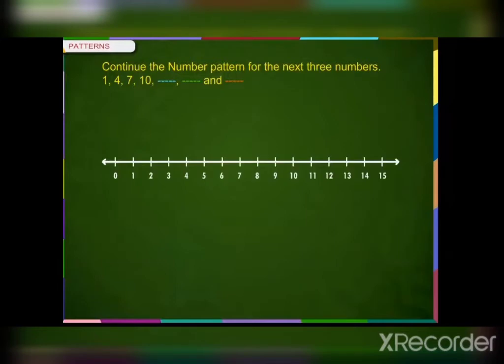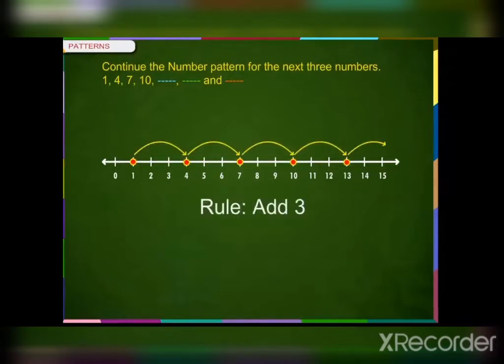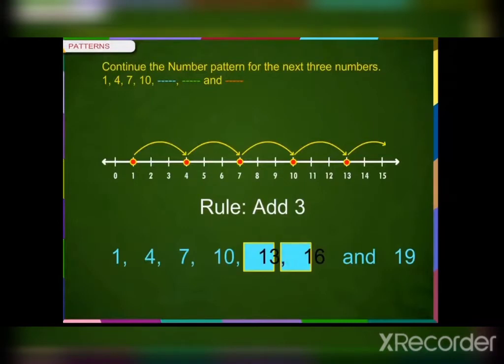Solution. Let us place the numbers on the number line and we can say that numbers start at 1 and jump 3 every time. So the pattern rule is add 3. Therefore, the next three numbers will be 13, 16, and 19.